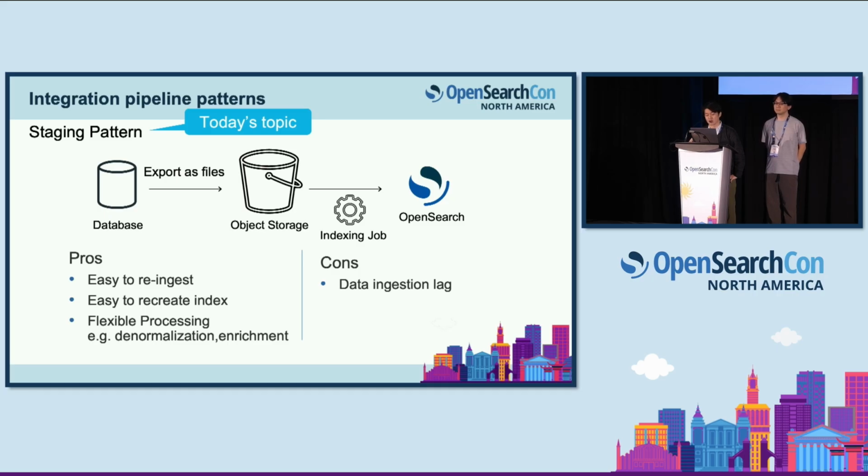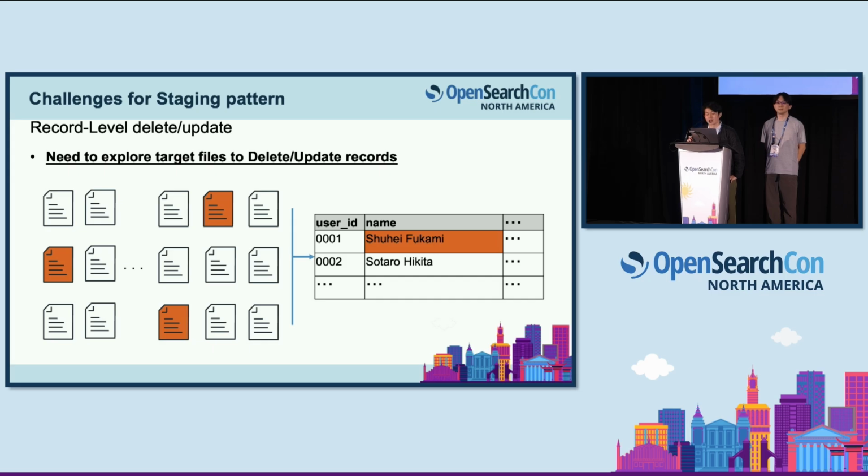So, while this is the opposite of the previously mentioned direct ingestion pattern, the trade-off is data freshness, or data ingestion lag. So today we will focus on this pattern's three challenges. The first one is record-level delete and update.